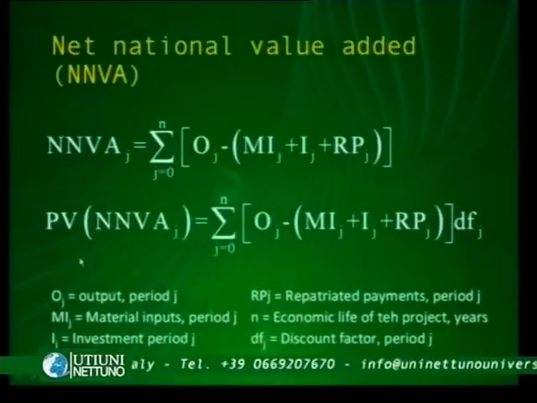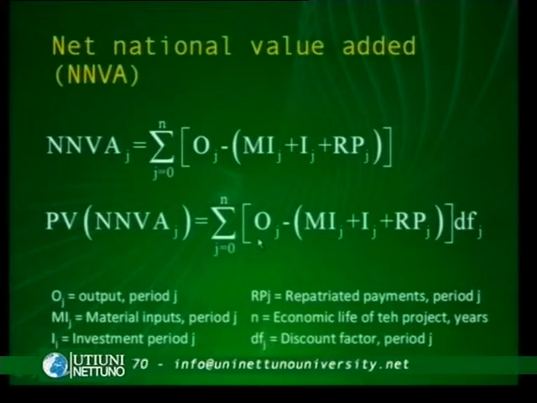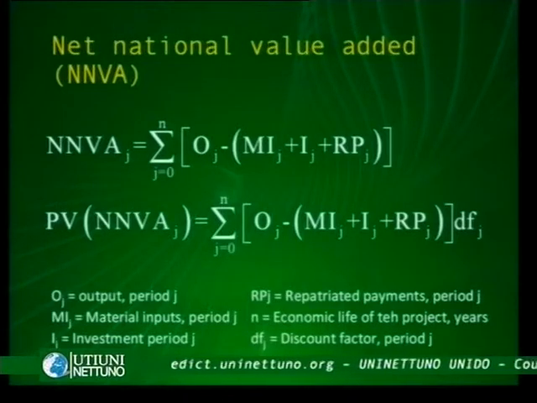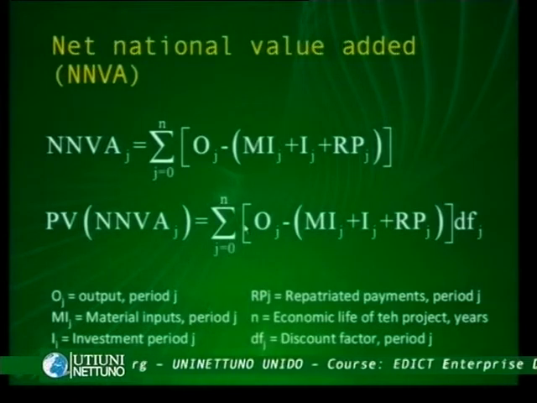Instead, in the second expression, we are multiplying for each period j the relative net national value added times the discount factor at time j. As we multiply each net national value added by the relative discount factor, we are calculating for each of these net national value added its present value. So we are summing up present values, values that are consistent and coherent from a timing perspective.